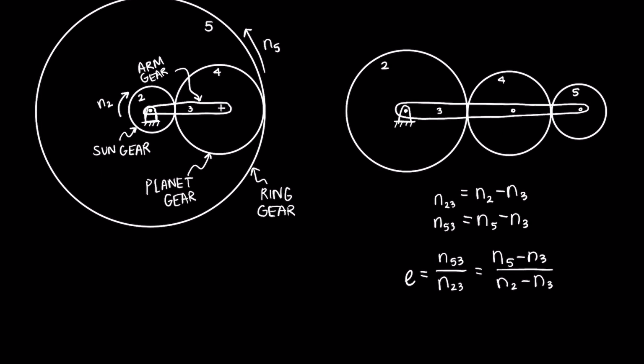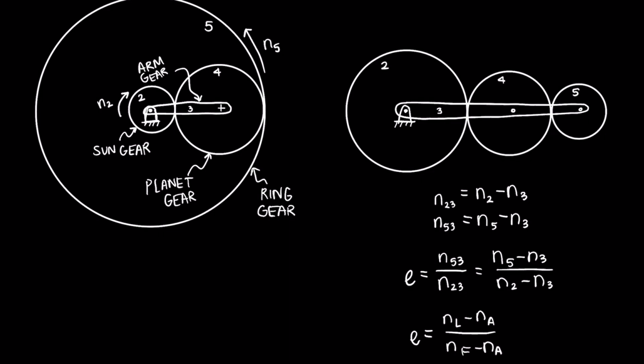Okay, and written another way, we could say that in general, our train value is equal to the speed of the last minus the speed of the arm divided by the speed of the first minus the speed of the arm.